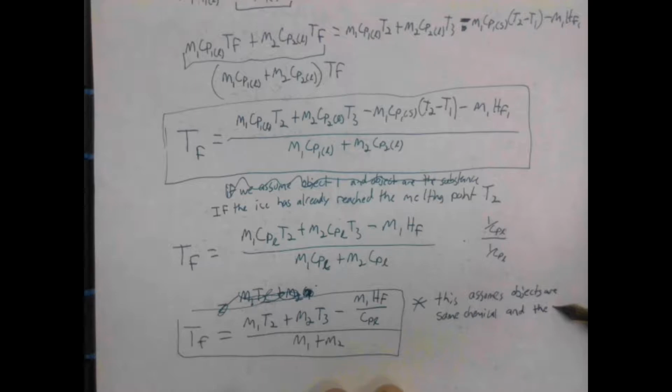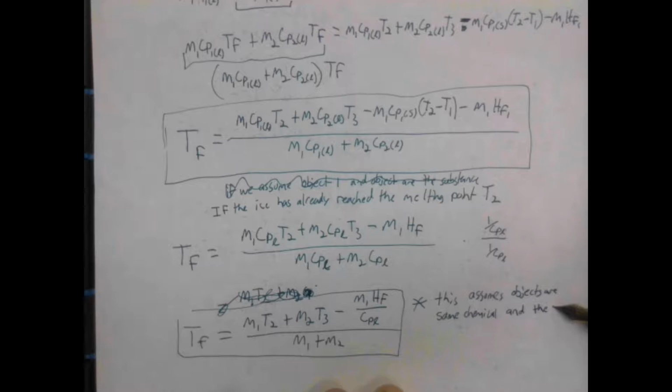So our T2 is 0 degrees Celsius, our M1 is 50 grams. And here we have our T3 is 80 degrees Celsius, and our M2 is 200 grams. This is basically what we'll do. We might do like 25 grams of ice.